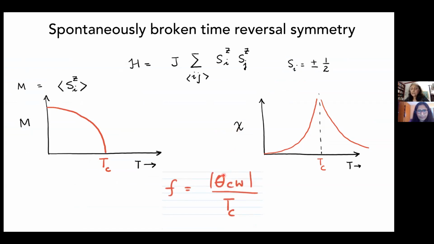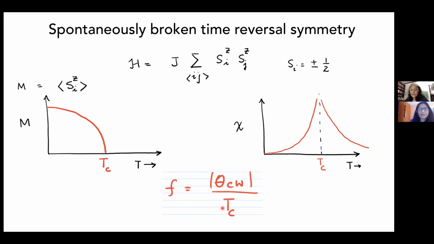And then you can keep lowering the temperature and see if the system orders. If it does order, and there is a singularity in the susceptibility, you can read off another scale, T_C. So this ratio, theta Curie-Weiss over T_C, is the frustration parameter. And this is what we want to focus on to first start seeing signatures of a spin liquid.